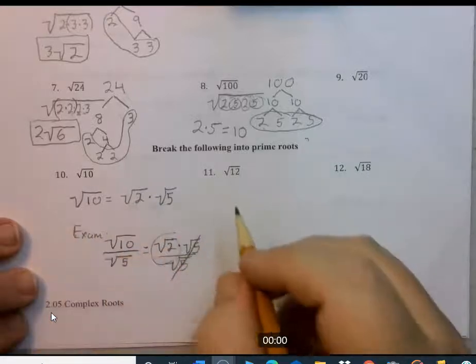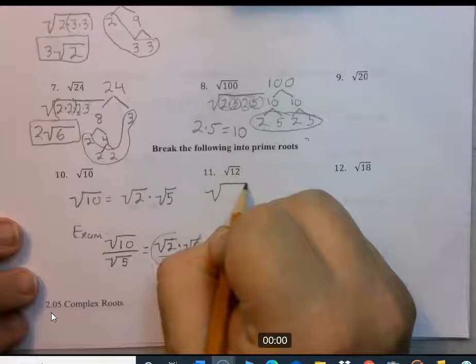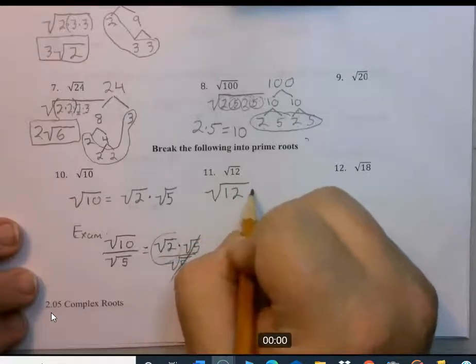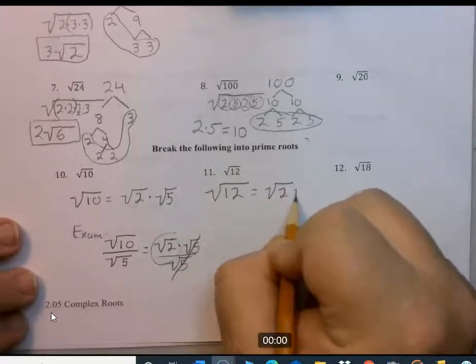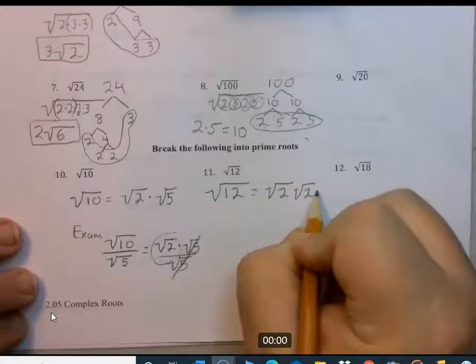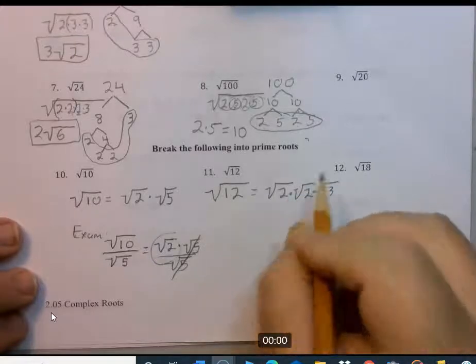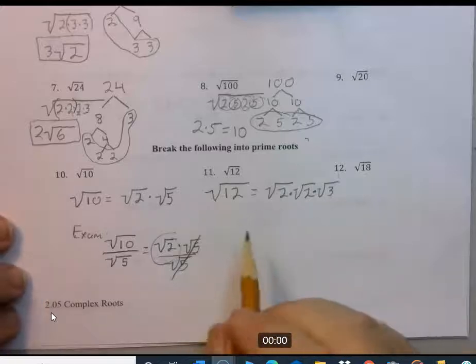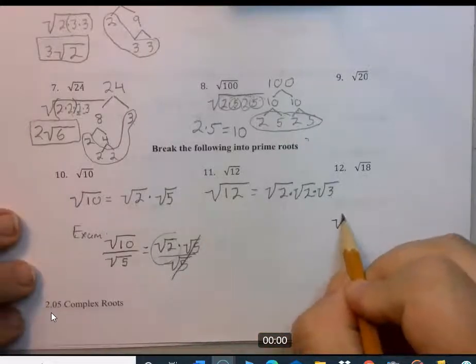Okay, so there's that. How about 12? What would that be? It's 2 times 2 times 3, so it can be broken into that. And 18, we'll just finish them all up here.